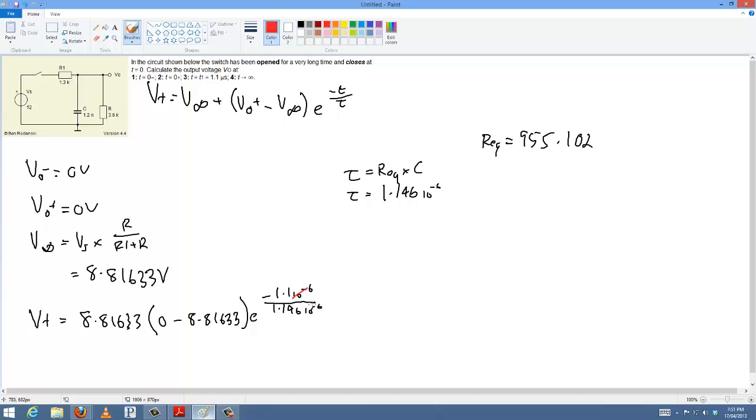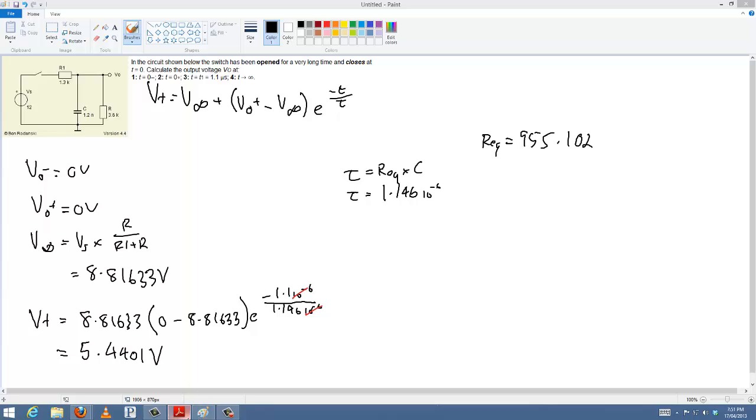The powers cancel, so solving for that, we end up getting 8.81633 minus 8.81633 times e to the negative 1.1 divided by 1.146, and that is 5.4401 volts.